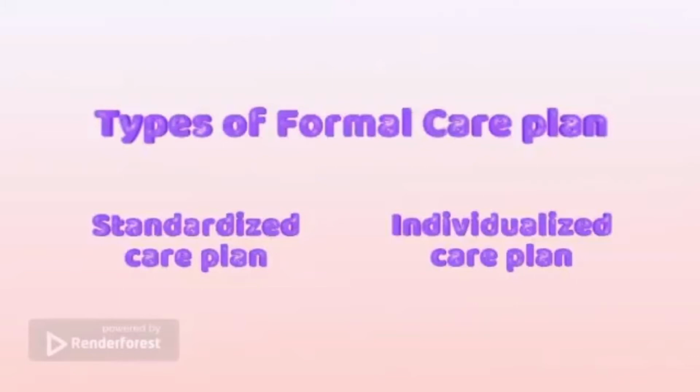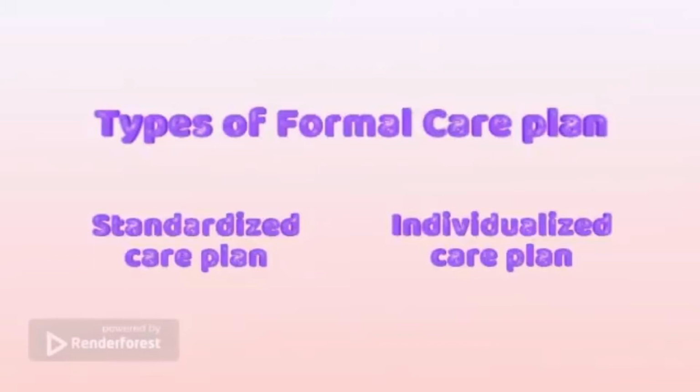So for example, let's say all hypertensive clients, they need diets. They need a DASH diet, that's a diet without lots of salt and all that. So we have that care plan for that group of people. If they are diabetics, we have a care plan for that group of people. If they are severe clients that are unconscious, we know that we have to do bed bath for them. So we make that a standardized care plan for them.